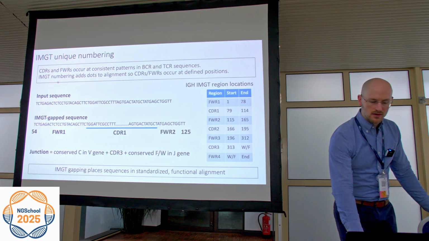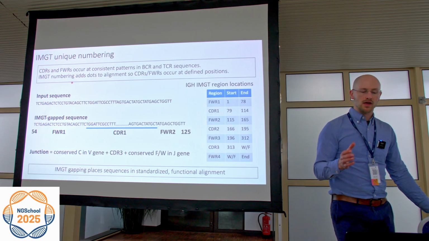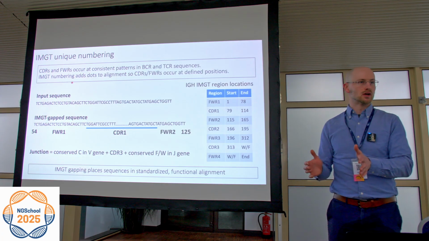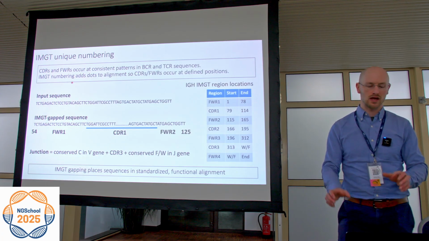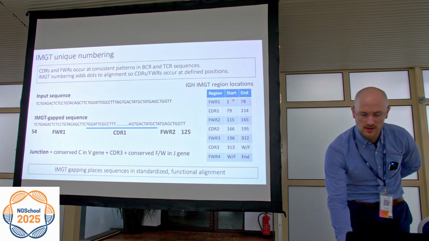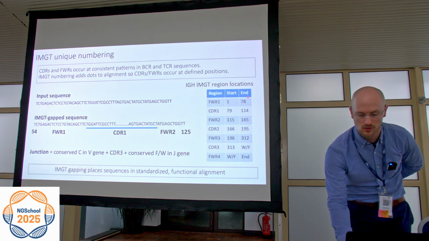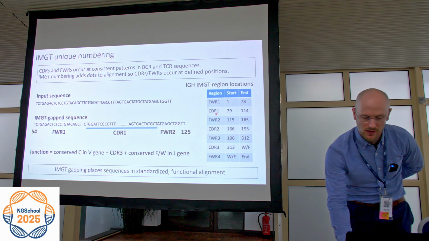And this numbering or alignment scheme adds dots to the alignments so that the CDRs and frameworks occur at specific locations. So within this IMGT numbering scheme, the framework 1 is always from position 1 to position 78.